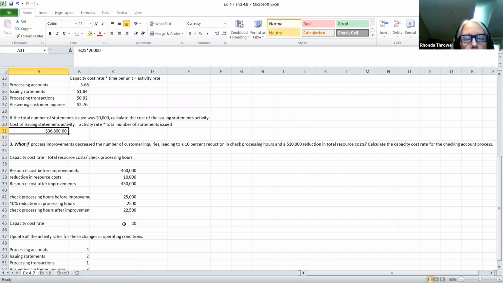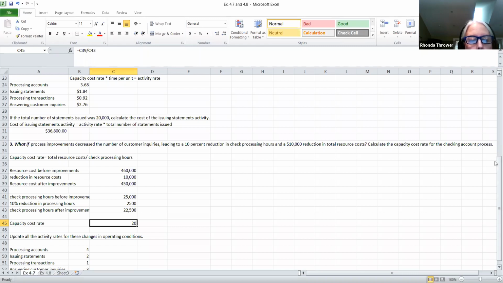So what we had to do was determine what the total amount of our cost was if we decrease the customer inquiries. And you can see here that it led to a 10% reduction in the check processing hours and a $10,000 reduction in cost.